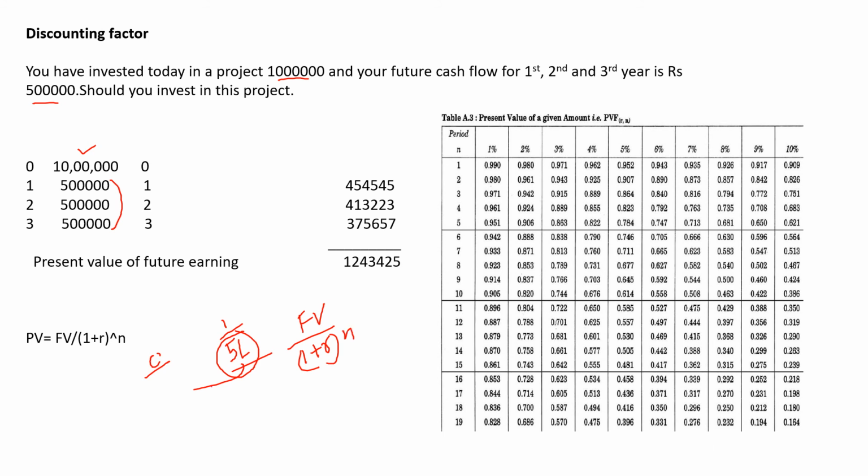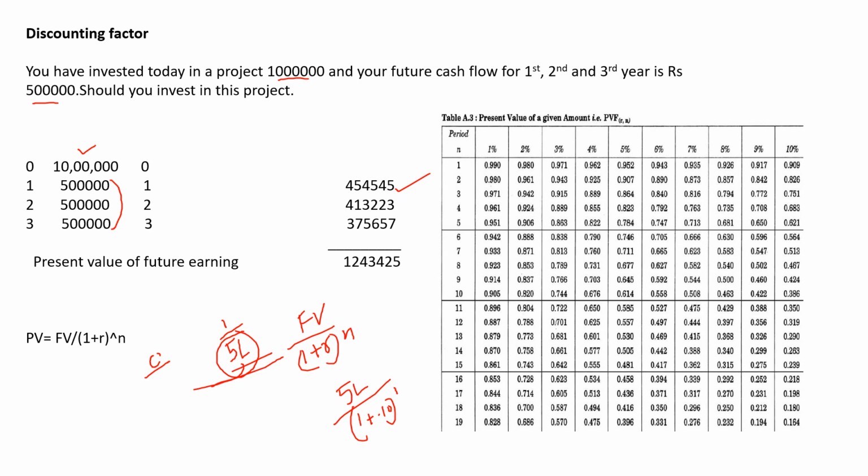That is 5 lakh divided by 1 plus 0.10 to the power 1. So we will be getting 454545.